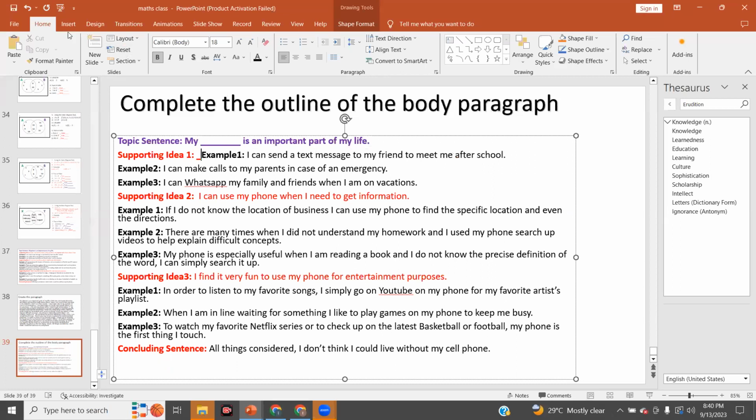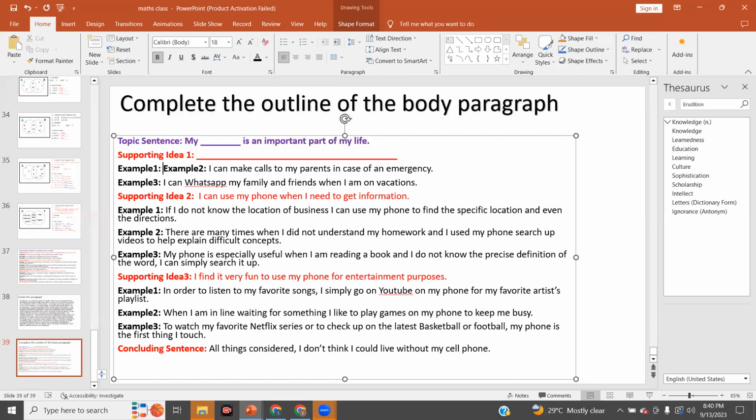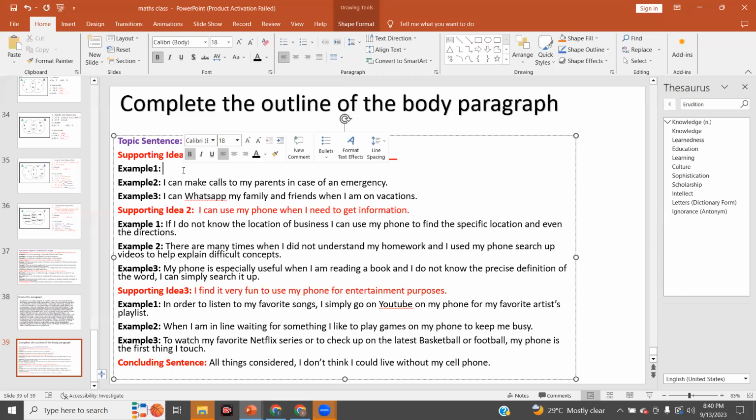Let me move this. You need to have your own supporting detail, number one. Right? You need to have your own 3 examples. All right. You have to fill this in with your own information.